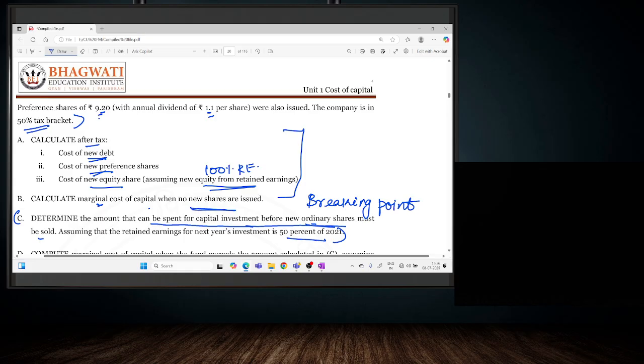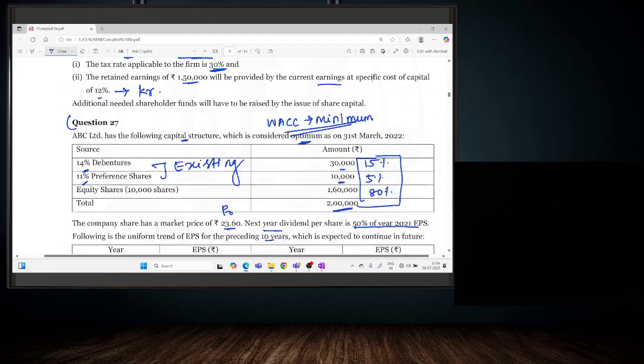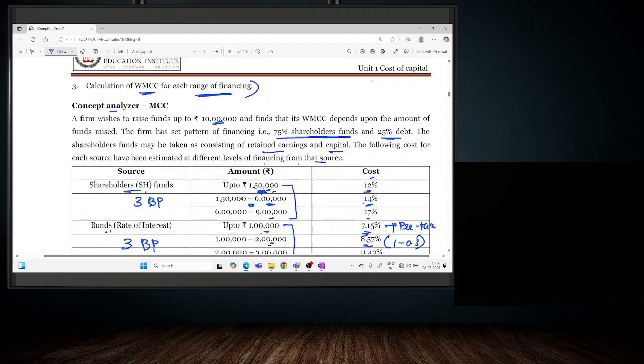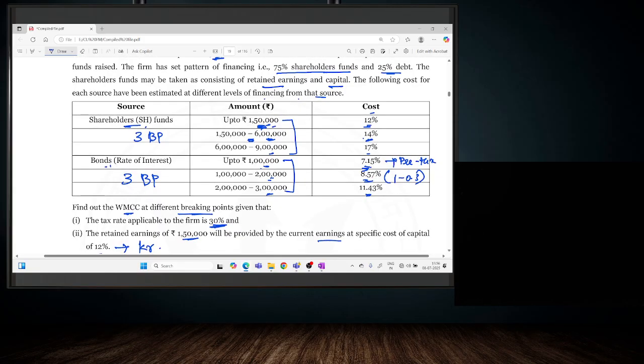Clear? Now let me relate this requirement to the previous question. In the previous question, what is the amount of retained earnings that we are having? 1,50,000. 1,50,000 is the retained earnings. What is the cost of retained earnings?